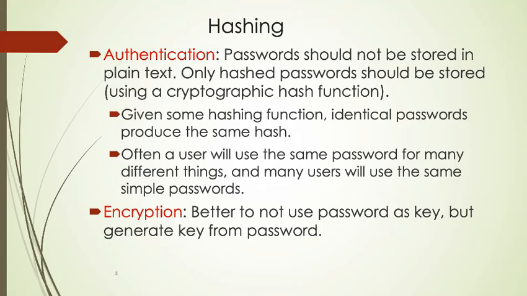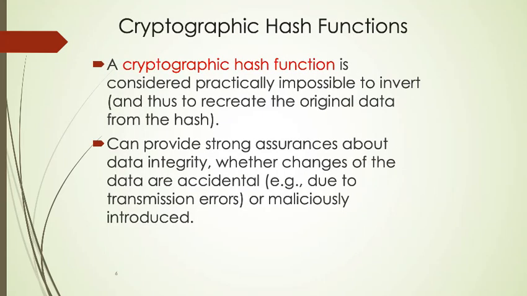Now, regardless of the security purpose of the hashing, you should always aim to use approved cryptographic hash functions. As you, I assume, remember, cryptographic hash functions are considered practically impossible to invert. That is, you need more computing power than is available to get the original data from the hash. And they are quite good at providing assurance about integrity.